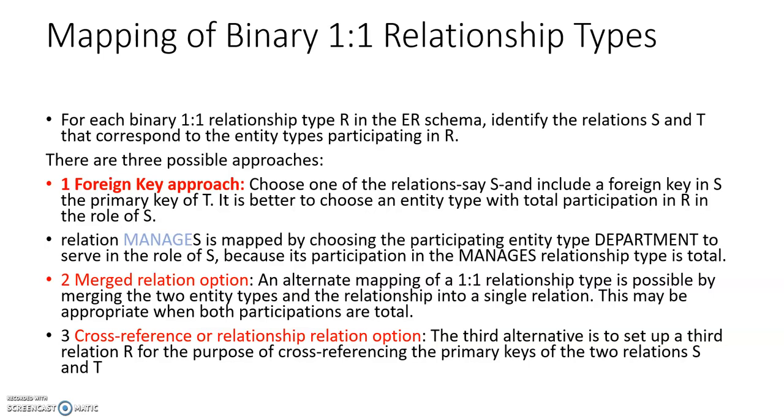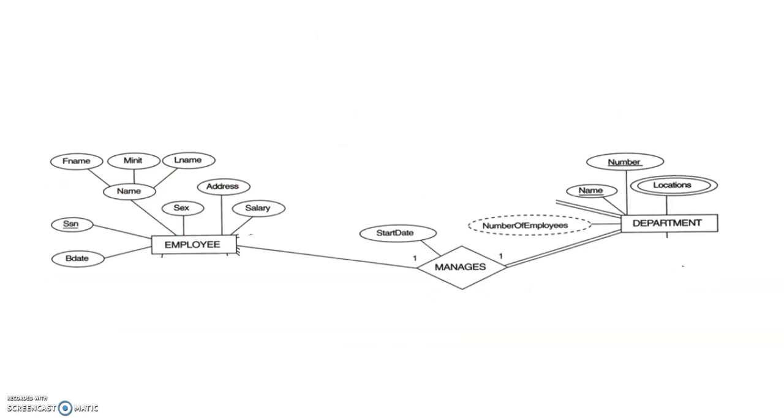Then merged relation approach. Suppose these two participations are total and it is one-to-one. Suppose employee participation is total and department participation is total, and there is a relationship called manager.